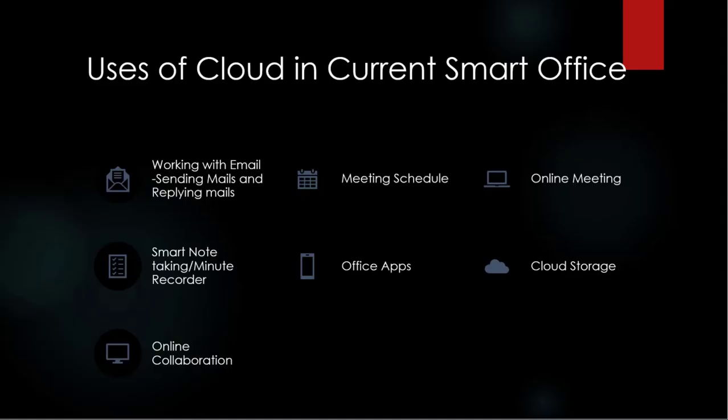This training has been subdivided into 7 units: working with emails, sending mails and replying emails, scheduling meetings, scheduling online meetings, smart note taking or minute recording, office apps, cloud storage, and lastly, online collaboration.